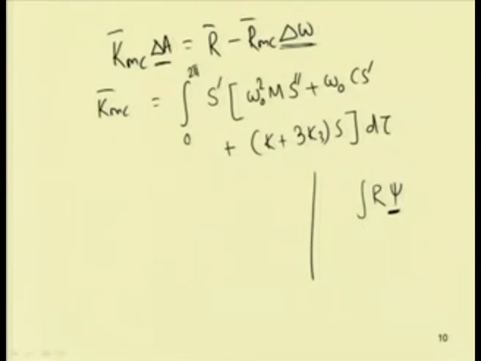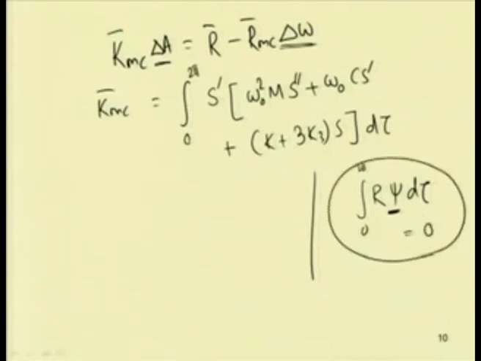If I integrate over a cycle, which here is over 2 pi, and put this equal to 0, then I will get an equation which will give me the solution. This reduces the equation to its weak form. By using the Galerkin method and minimizing, I can find a set of algebraic equations.